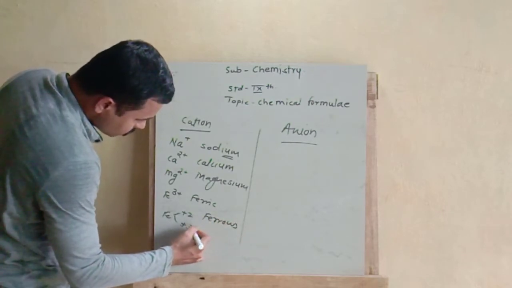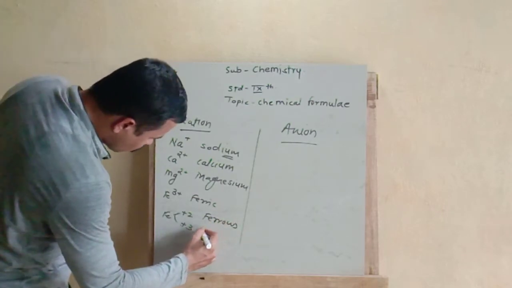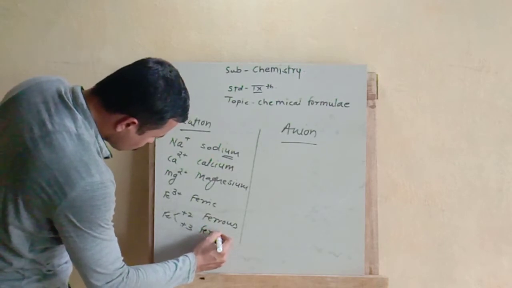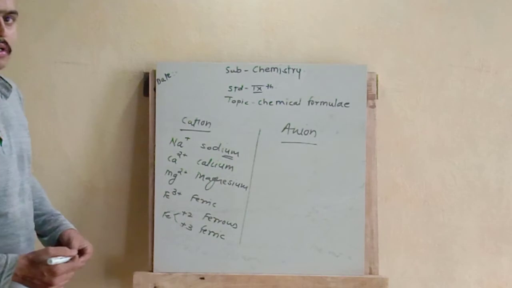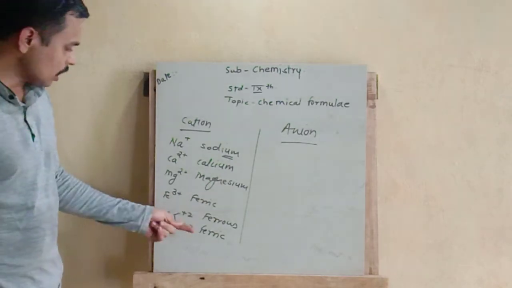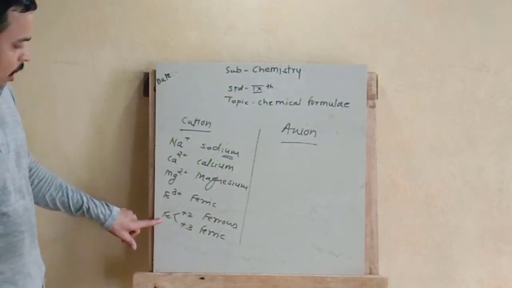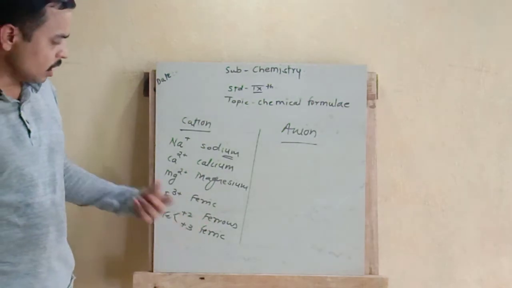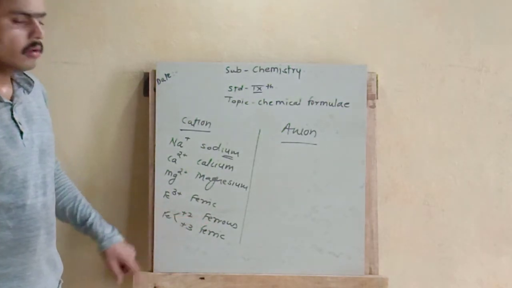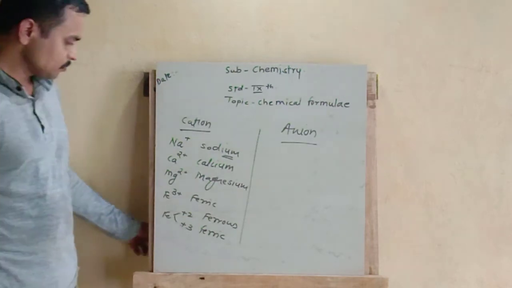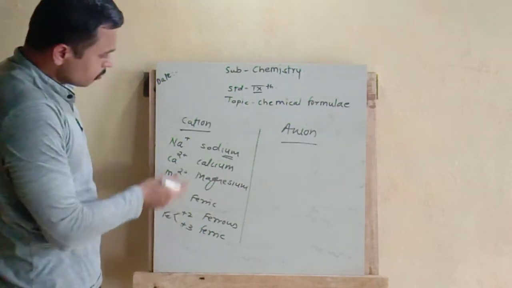When it shows +3, it is called ferric. So ferrous and ferric are the two charge species of iron. So iron behaves as a +2 charge species or +3 charge species. These are some examples of cations.